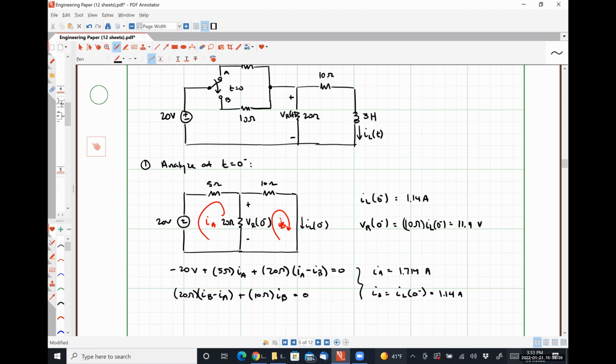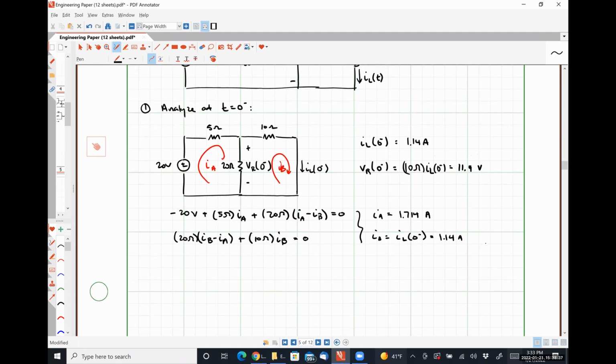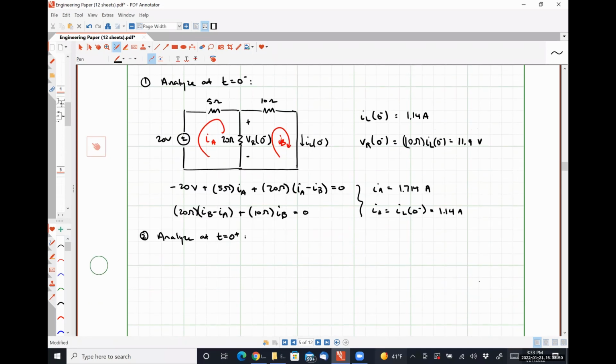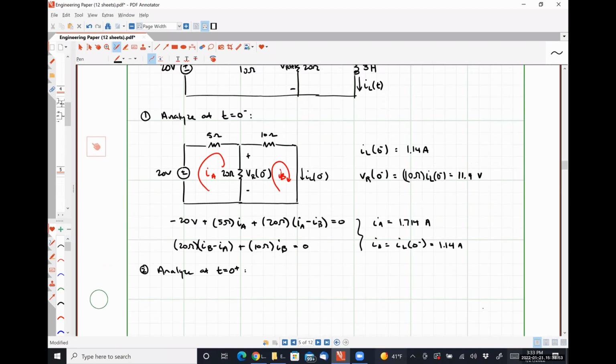All right, let's analyze the circuit at T is equal to 0 plus. Okay, so using voltage division, sure. No, not a problem at all. I feel pretty strongly that I multiplied 10 by 1.14 correctly.